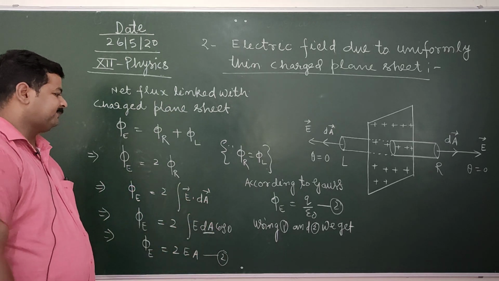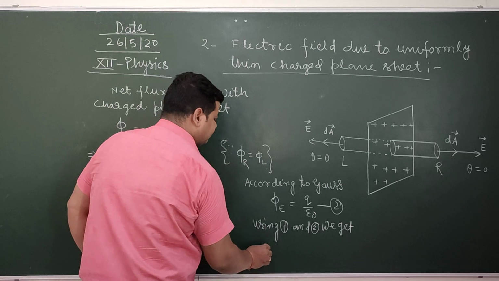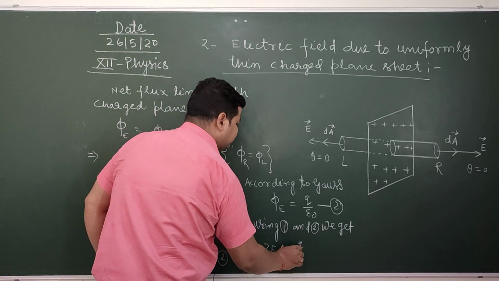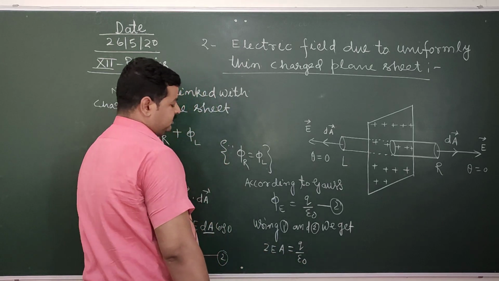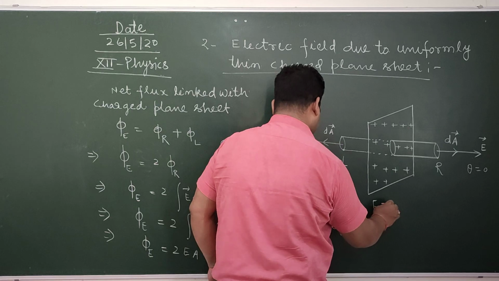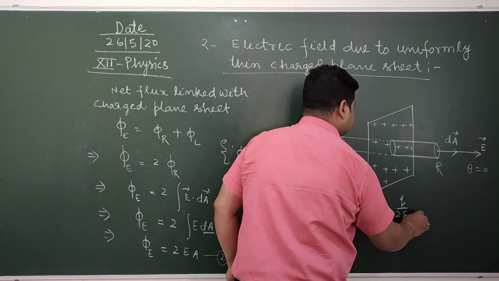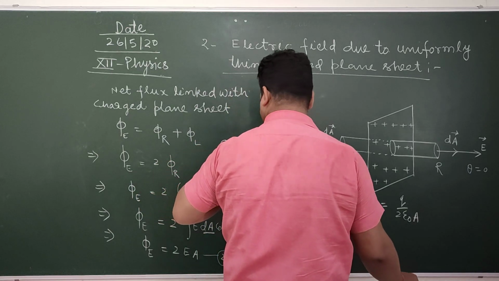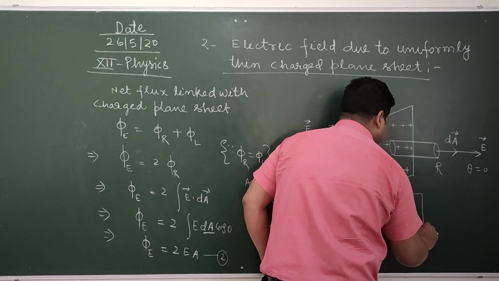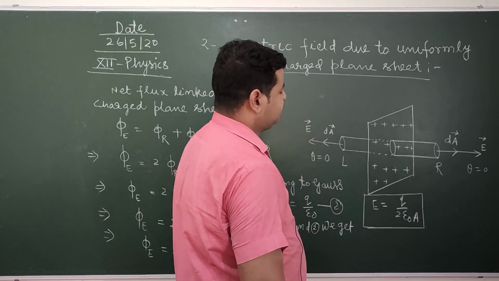Comparing these two equations, we get 2EA is equal to Q by epsilon naught. From this expression, we find the value of E, that is Q by 2 epsilon naught A. Clear? So this is the expression of electric field due to a uniformly charged plane sheet.